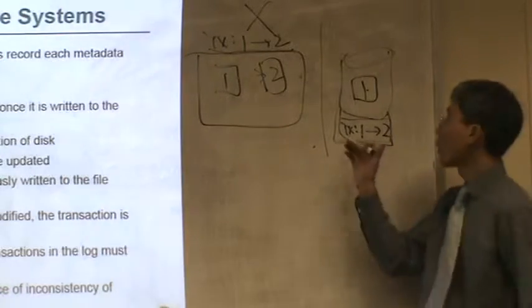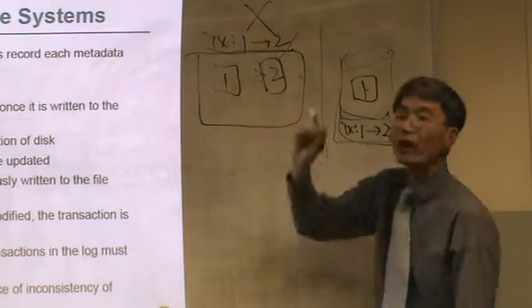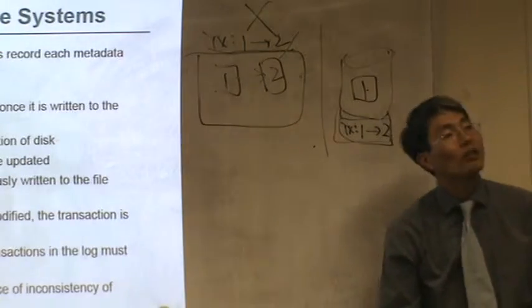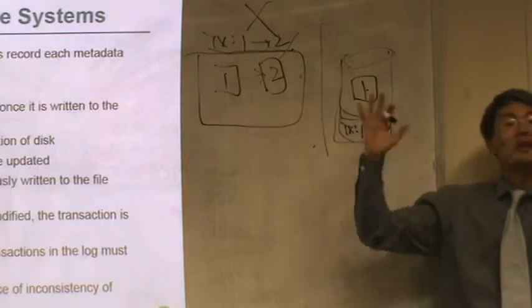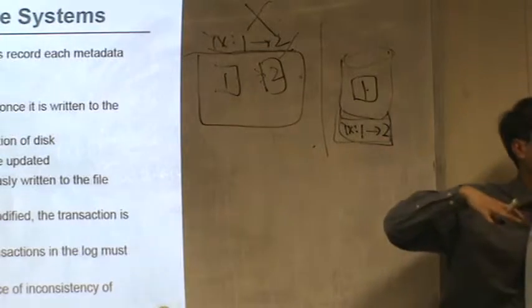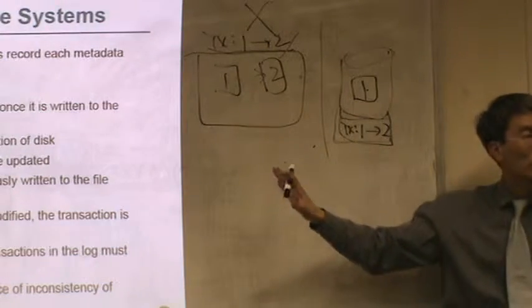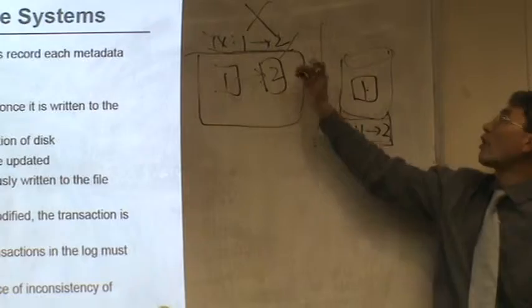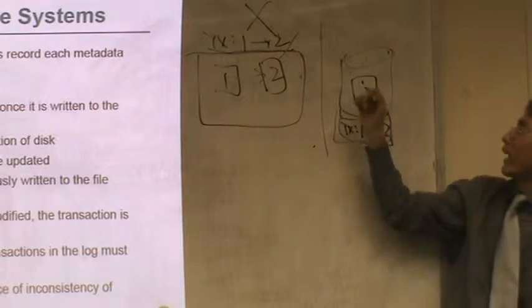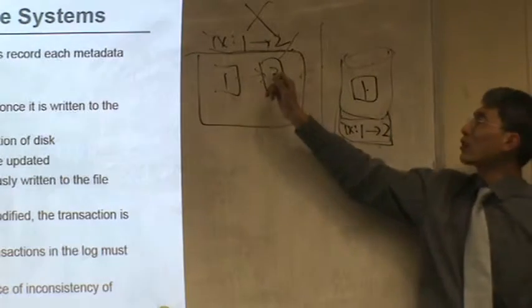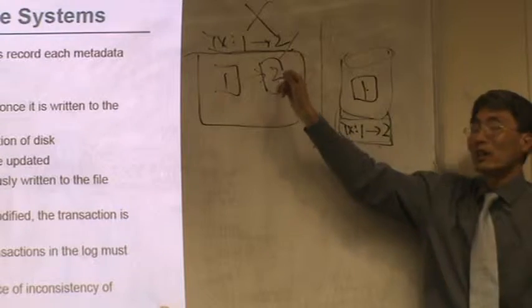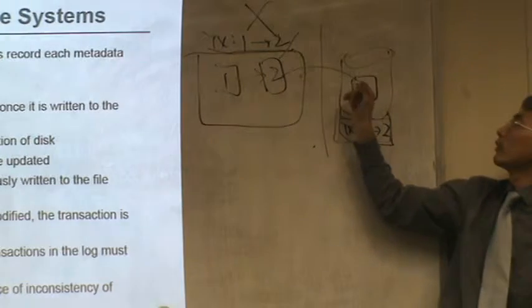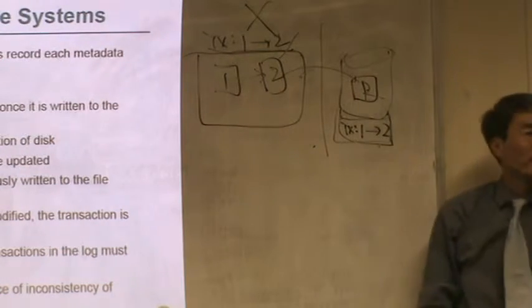Then after the log, this one transaction will be completed. In terms of database, this is called commit. But the operating system does not use such a commit. Instead, it's completed. So at this time, what about this change in data? Eventually, it will be written to the hard disk drive.